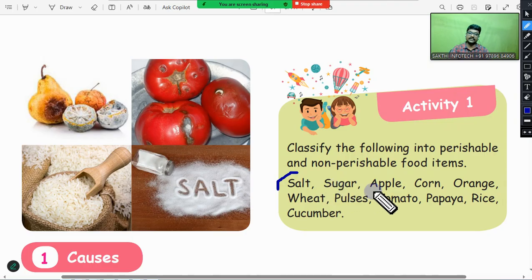Salt, sugar, apple, corn, orange, wheat, pulses, tomato, papaya, rice, cucumber. Say two times.